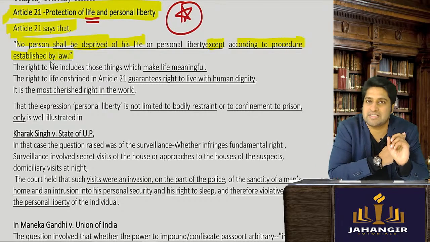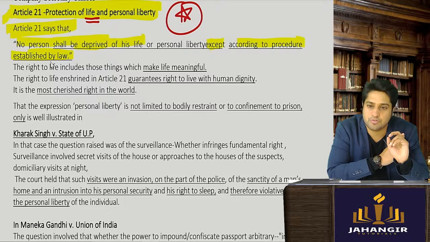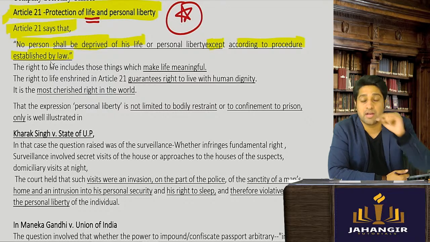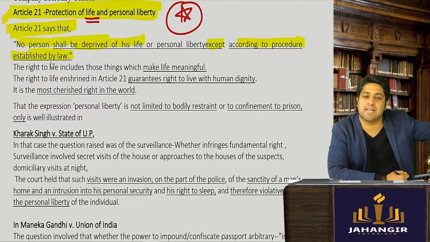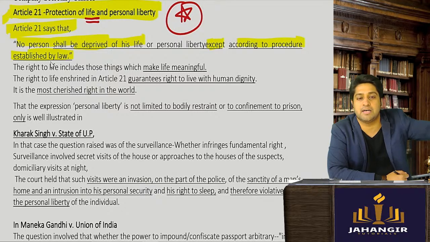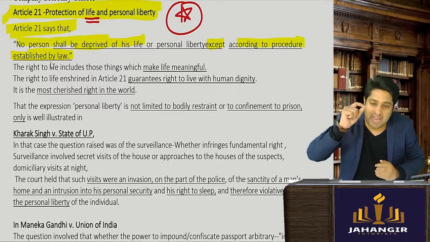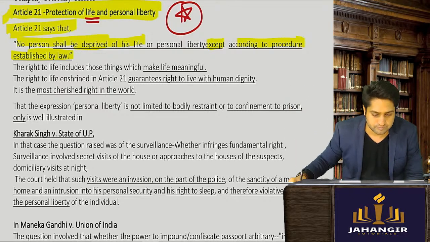Procedure established by law means a proper court procedure was followed, CrPC was followed, he was taken to court, he was given a chance to defend himself, then the Supreme Court passed the order and he was declared to be deprived of his life. So that is allowed, if a proper procedure of law was followed.